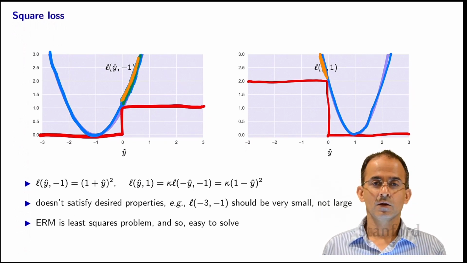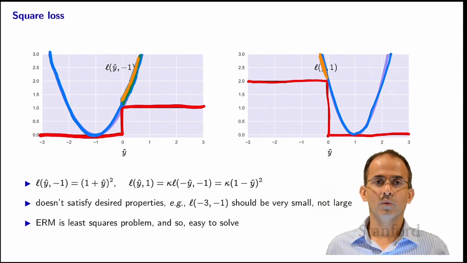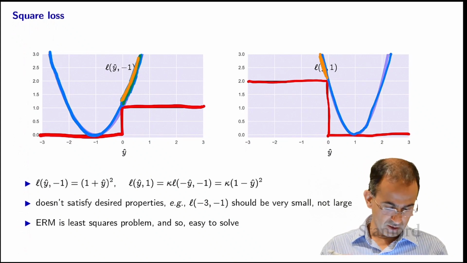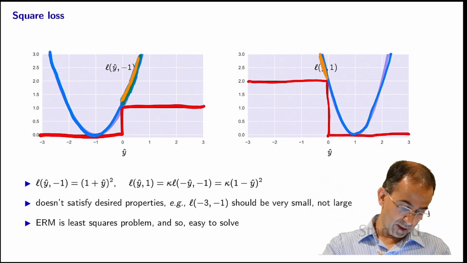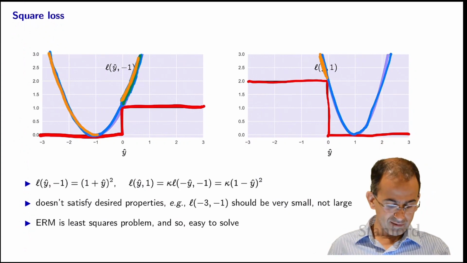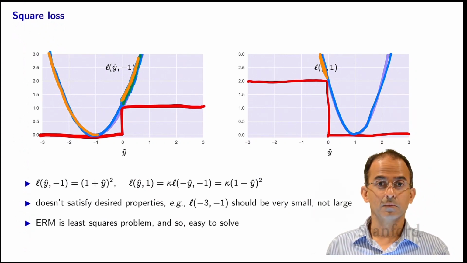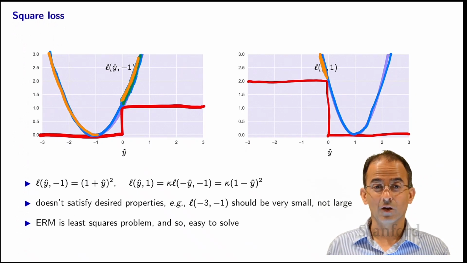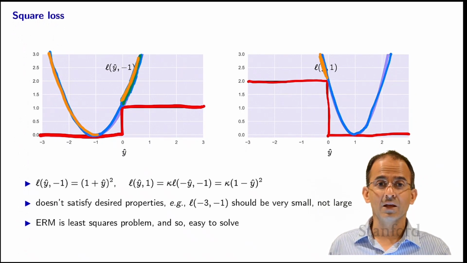And then we have the part where the square loss lets us down. The square loss also becomes large over here, where it should, in fact, be small, where we'd like a loss to be small, because any y hat which is negative should earn us a small loss when the true y is minus 1.